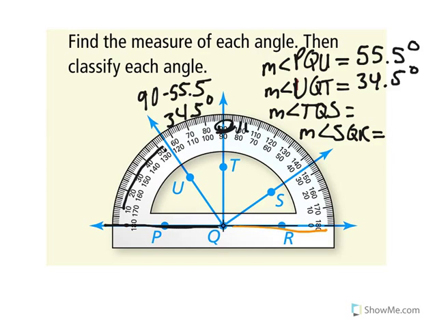I would do 145 minus 90, which gives me 55. And then I have this last one, going from 145 to 180. So 180 minus 145, which gives me 35.